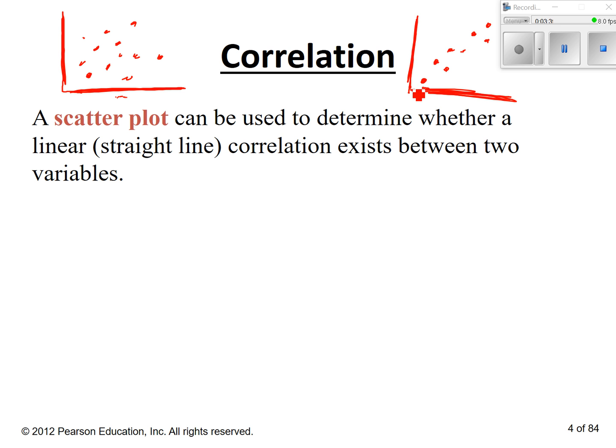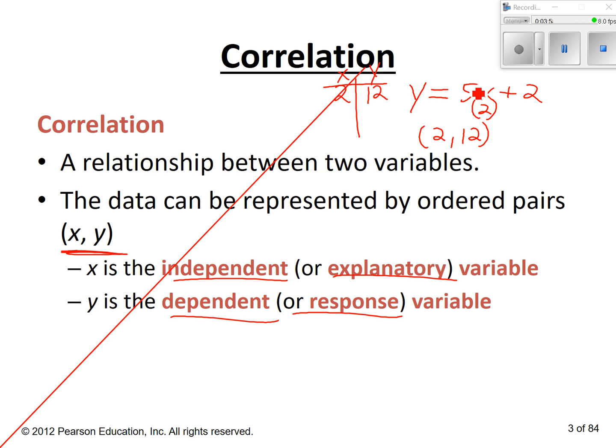And that's what correlation is. Is there that correlation? As the x gets bigger, does the y get bigger? As the x gets bigger, does the y get smaller? And so on. And we're dealing with trying to have a straight line correlation here. Is there some line that goes through there?